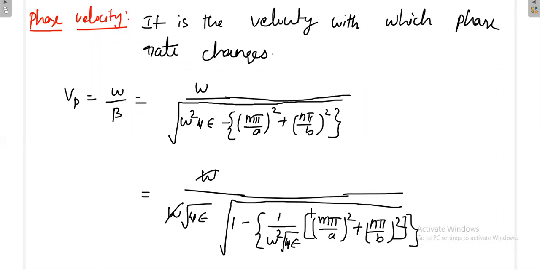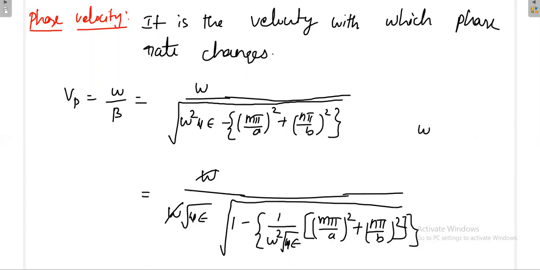Then if you forget about omega square here, and concentrate on the remaining part, this is equal to omega c square. You know what is omega c. Just refer to what is omega c right now.